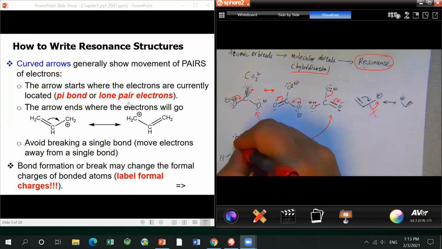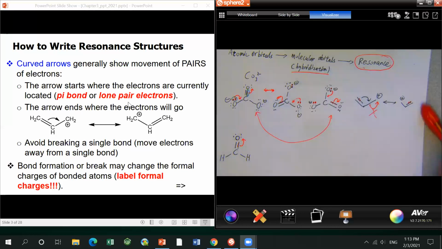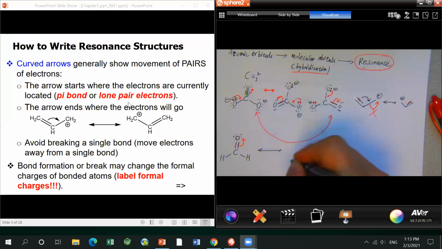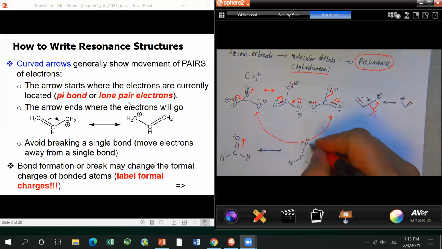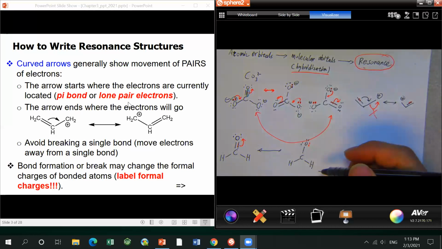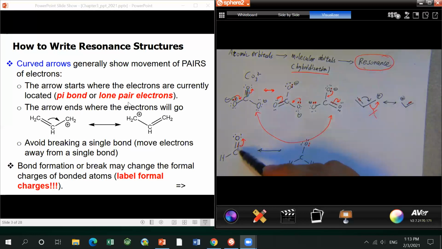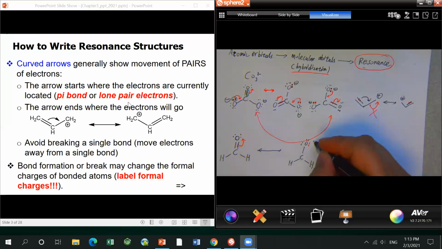You can draw the resonance structure like this: shift the pi bond electrons, all given to the oxygen. Originally both the carbon and the oxygen are neutral, but the shared electrons between these two are all given to the oxygen. Oxygen gets one extra electron and becomes negative, and carbon loses one electron and becomes positive. So you need to track where the charges go.